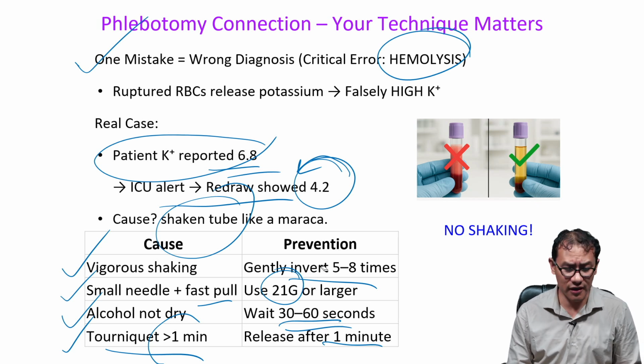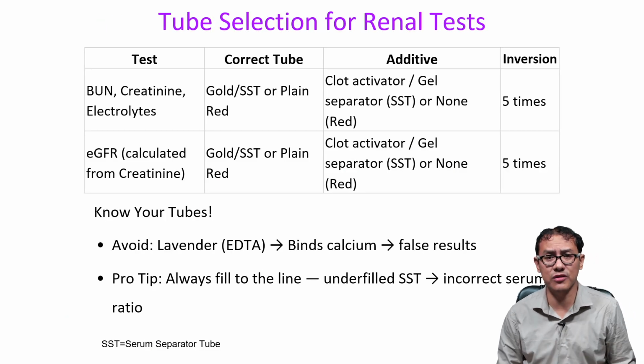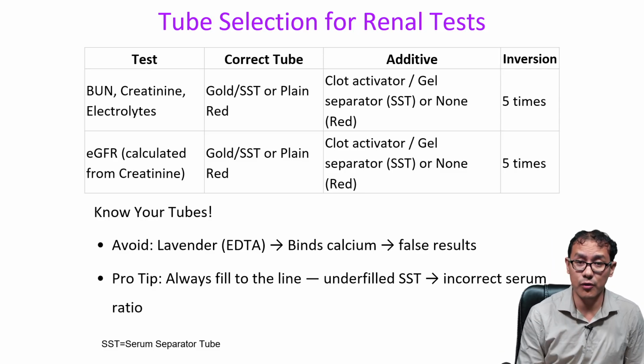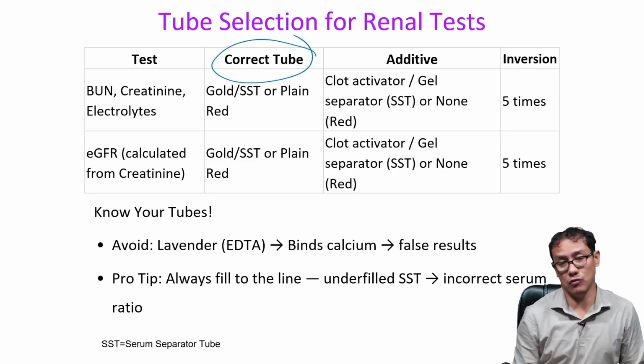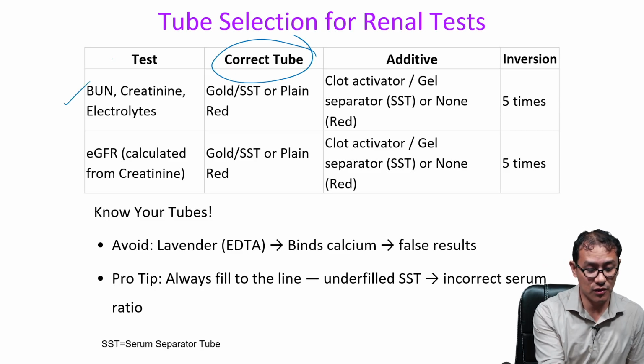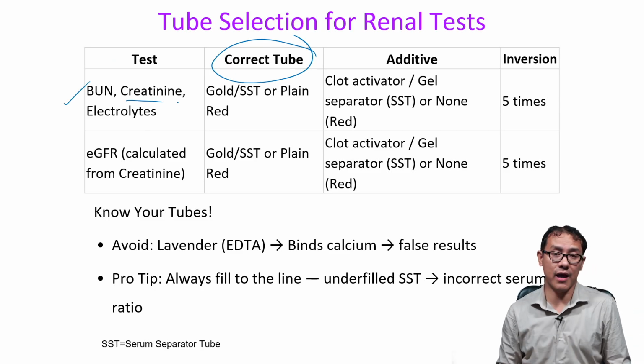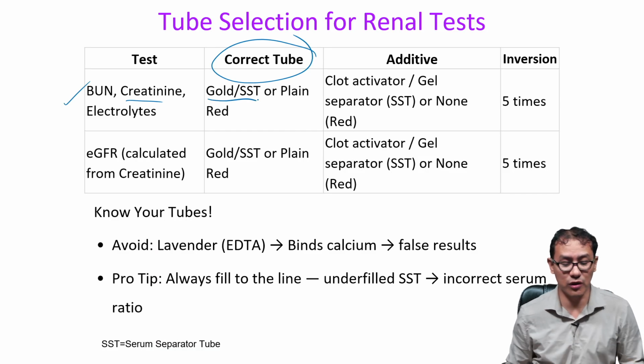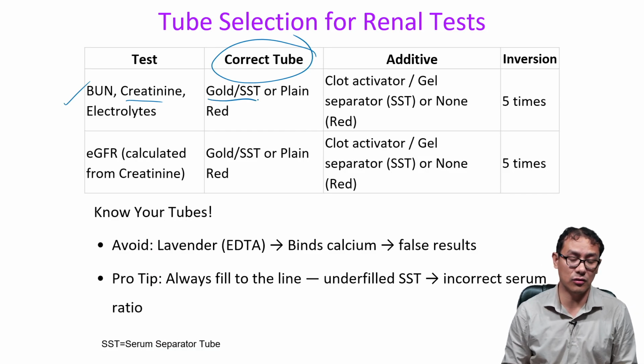There are certain precautions which, as a phlebotomist, one has to understand. Another important point is which type of tube one has to use. For example, for BUN, creatinine and electrolytes, we may use what is known as a gold top or SST.